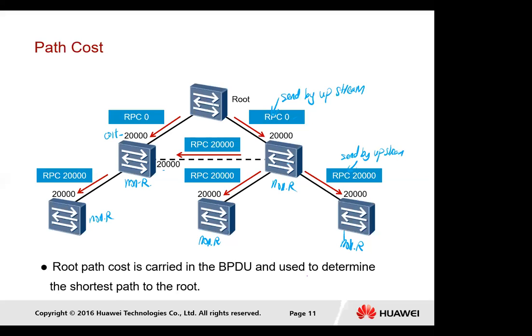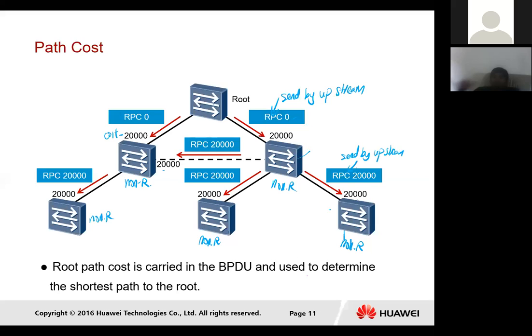So this non-root bridge tells the downstream non-root bridge, hey, for myself, let me just name it, this is switch B. I will tell switch C, for switch B going to the root bridge, my RPC is 20,000.